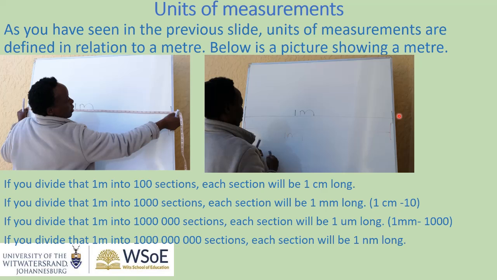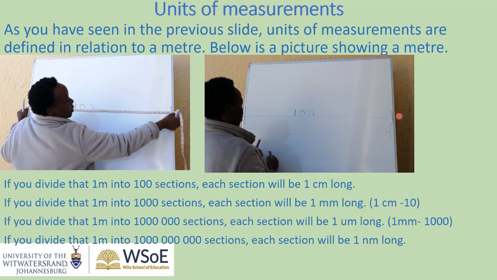And then if you divide this 1 meter into 1,000 sections, then one section is 1 millimeter. Again, we are familiar with this one, because a 30 centimeter ruler is 300 millimeters. And then if you divide this 1 meter into 1 million sections, then it's 1 micrometer.